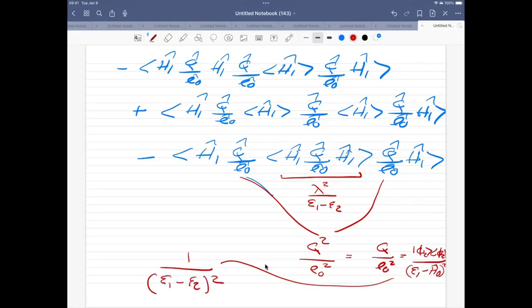And then I have the interaction piece, which is simply given by this term lambda. So this fifth term, the last one, is going to give us in total, if we take the whole term, minus lambda to the power of 4, divided by epsilon 1 minus epsilon 2 cubed.